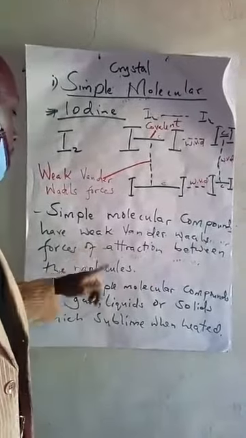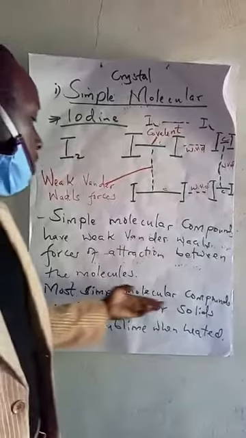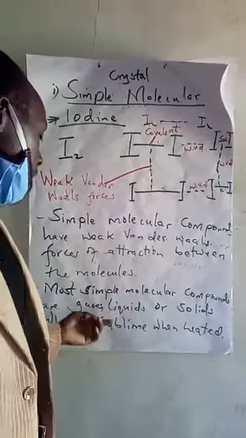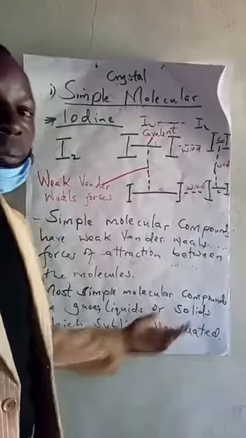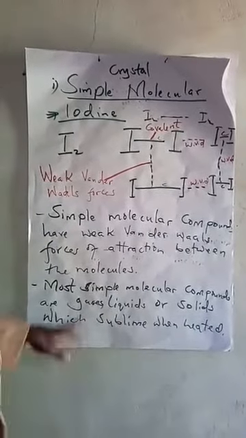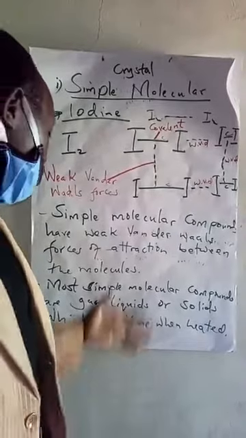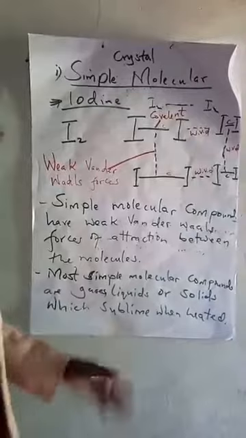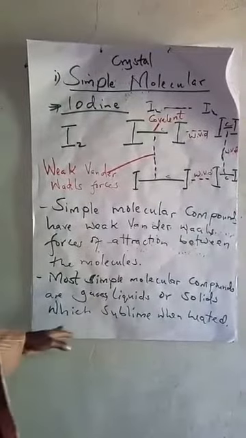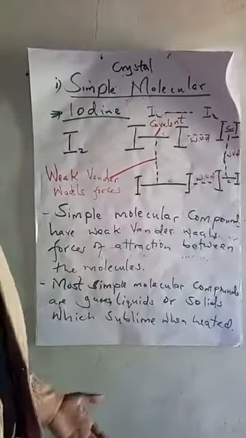We also have another factor here. We shall look at it after this. Most of these molecular compounds are gases, liquids, or solids at room temperature. The gases at room temperature are chlorine, fluorine, oxygen, nitrogen, hydrogen. The liquid at room temperature, for example, is bromine.